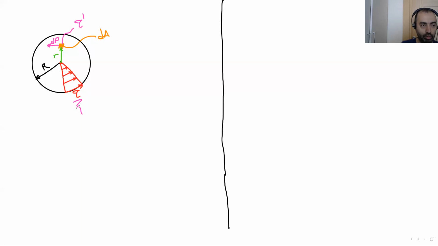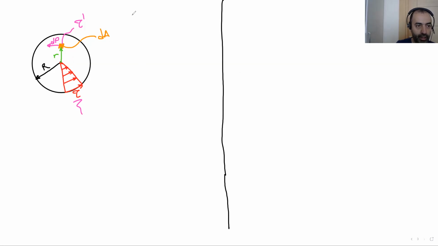What was the rule? We made an assumption here, the planar sections remain planar. Okay, this is a good rule to explain this problem. So everything is linear. The stress distribution is linear here. Okay.